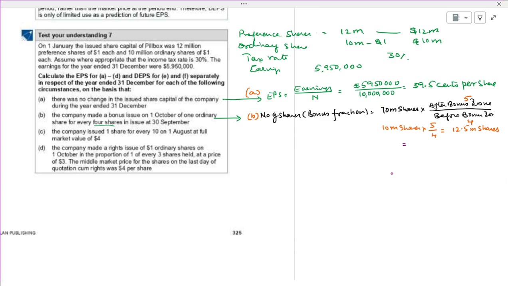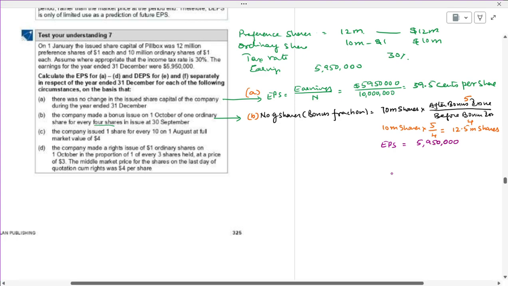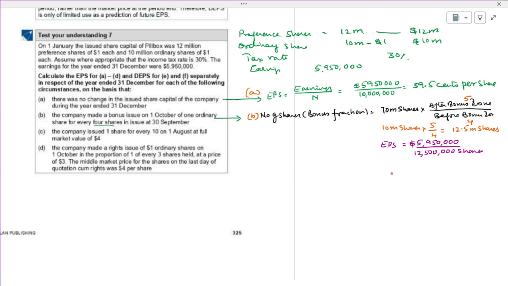EPS will be 5950 divided by 12.5 million shares. This is dollars, this is shares. It comes to 0.476, which is 47.6 cents per share.